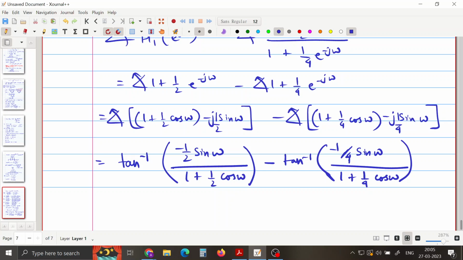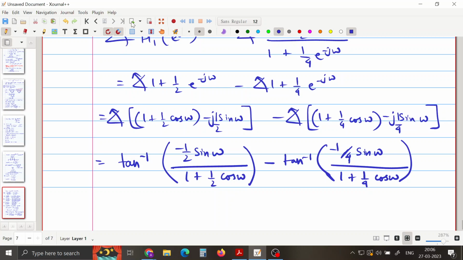Alright, so now in this second term, we have a negative sign sitting inside the tan inverse in the numerator, and we also have a negative sign in front of the tan inverse itself. So I can pull this negative sign out from inside the bracket to outside, so minus minus becomes plus.